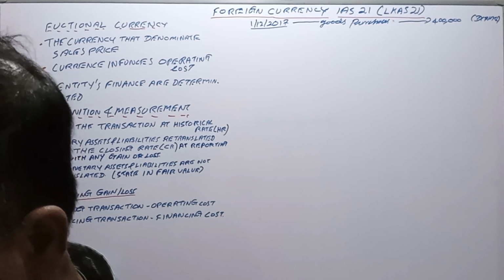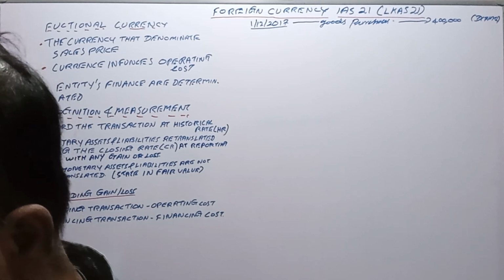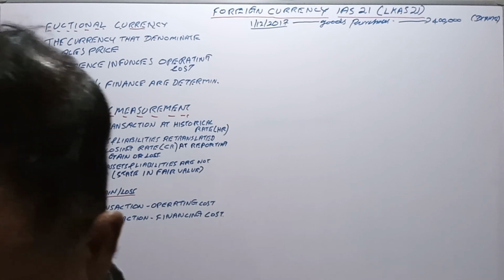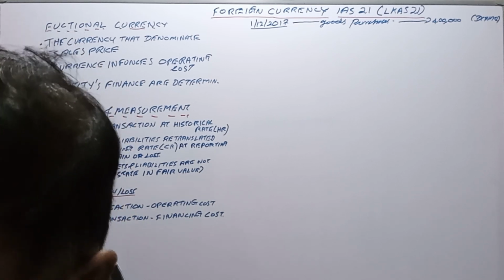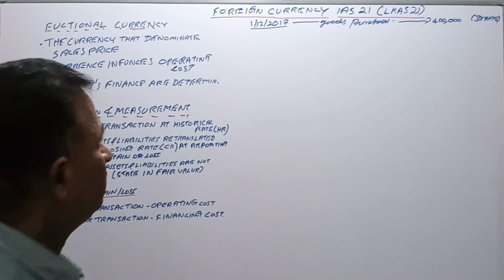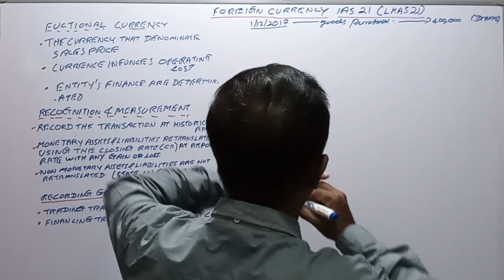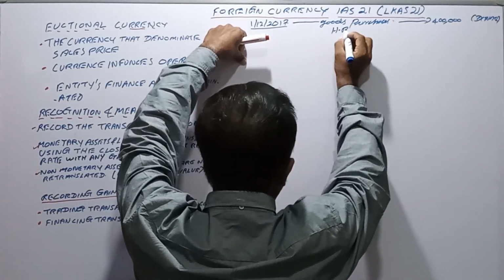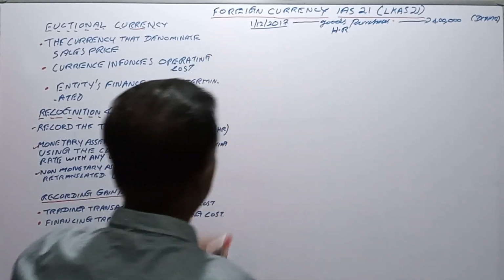Then show the transaction that would be recorded in the financial statements. First of all, goods purchased should be at the historical rate, right?